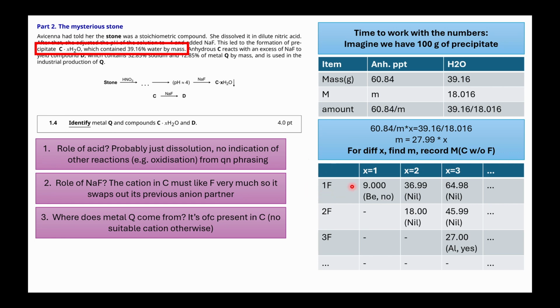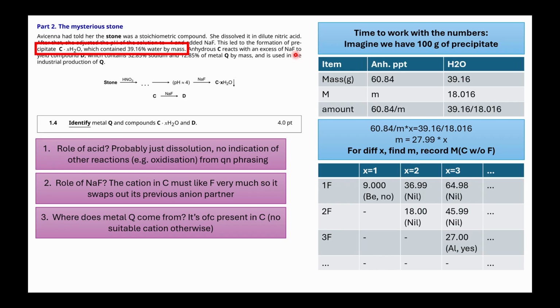And then we can suppose that C contains 1 fluorine or 2 fluorine, 3 fluorine, and so on. It might be a very long list. It does not matter at this stage. But we know it's not going to be too many fluorines because we added excess NaF afterwards and more fluorine went in. So it can't have too many.